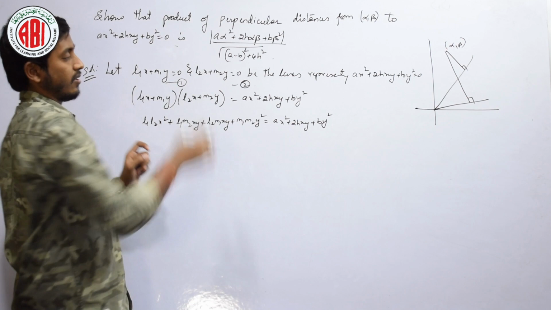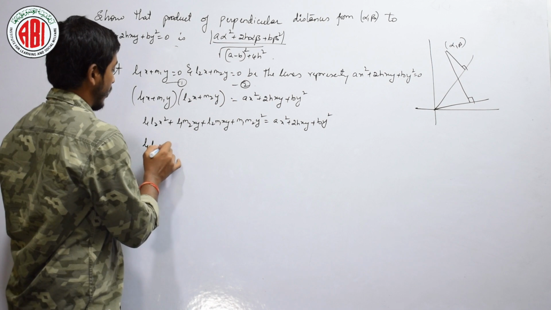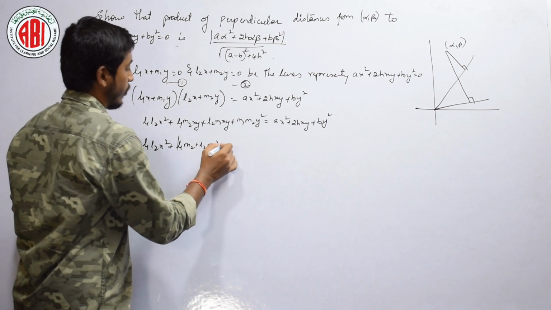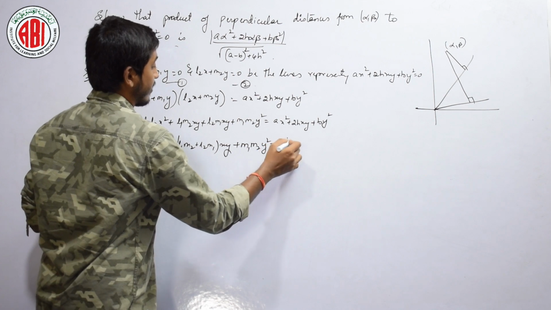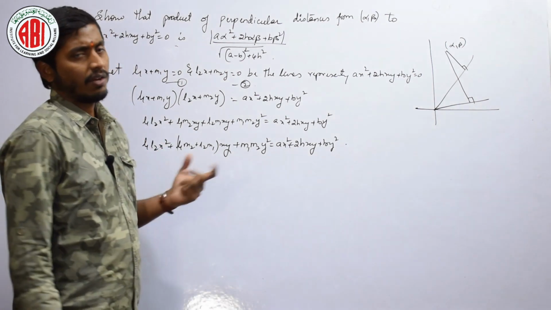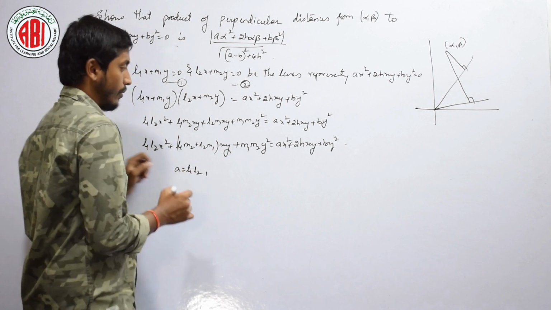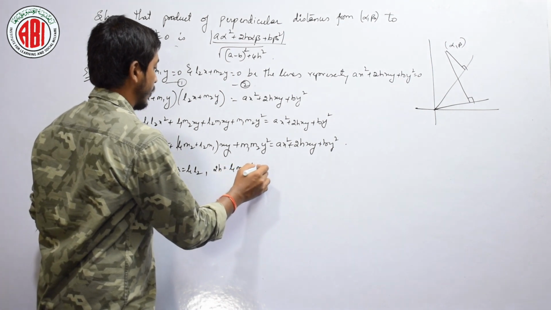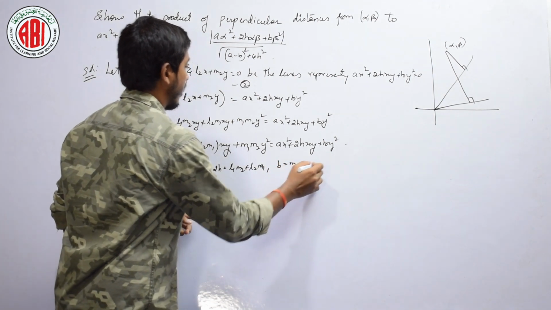Next, let us take xy common from the two middle terms: L1 L2 x square plus L1 M2 plus L2 M1 into xy plus M1 M2 y square equal to ax square plus 2hxy plus by square. Now, we will equate both, then we will get a is L1 L2. What is 2h? 2h is L1 M2 plus L2 M1. What is b? b is M1 M2.